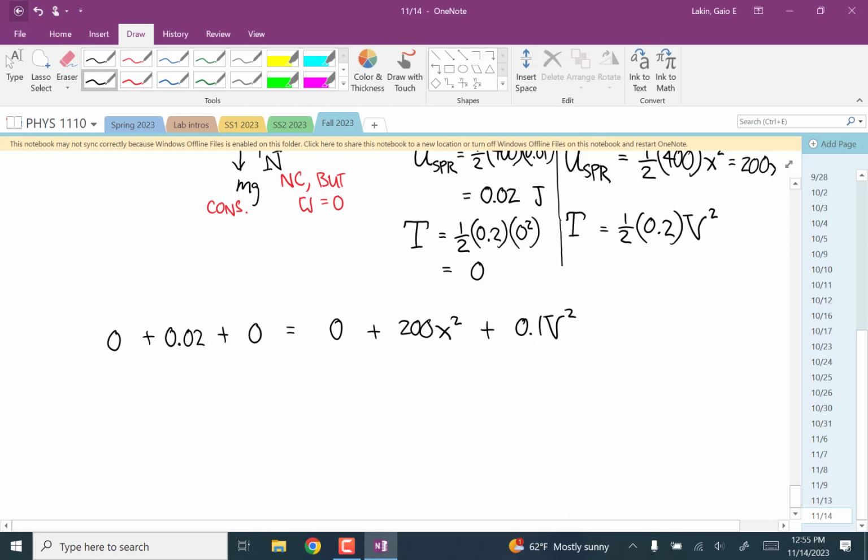Okay, I'm going to multiply everything by 10 first of all. And so I get 0.2 is equal to 2,000 x squared plus v squared.